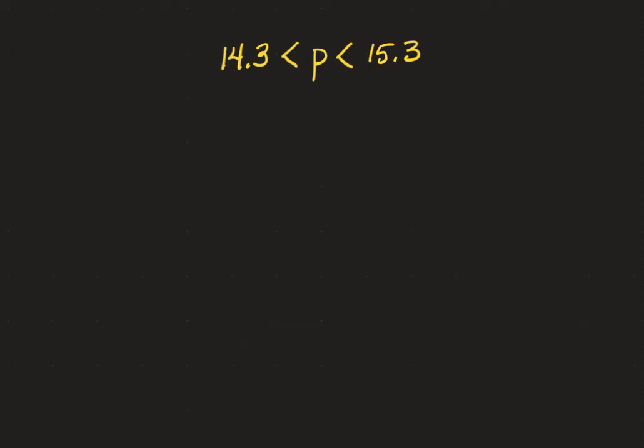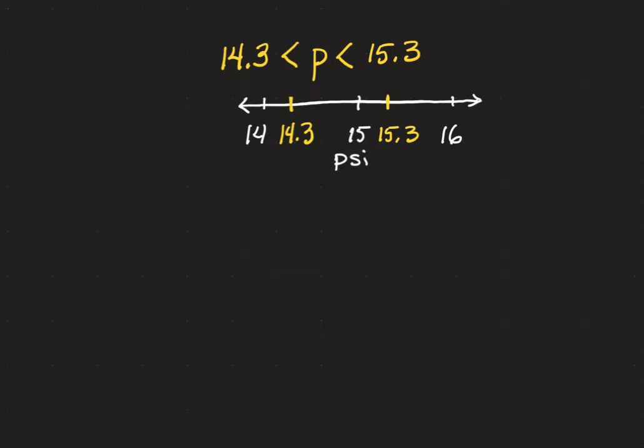One last point needs to be made here. The pressure needed to be between 14.3 and 15.3. If we draw our number line, and I'm going to go ahead and use the less than or equals to signs, we could draw this as a bracket, because it can be equal to 14.3 under the symbols I have there, and then it would reach up to 15.3 but not exceed it.